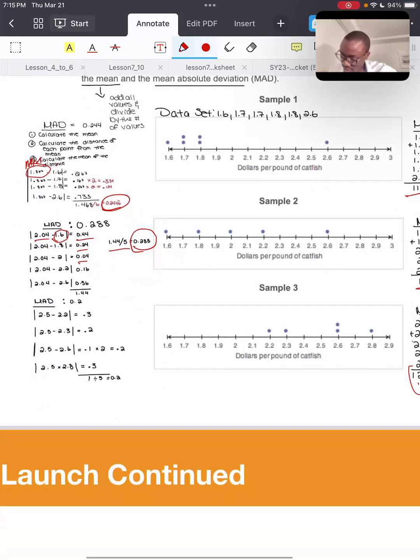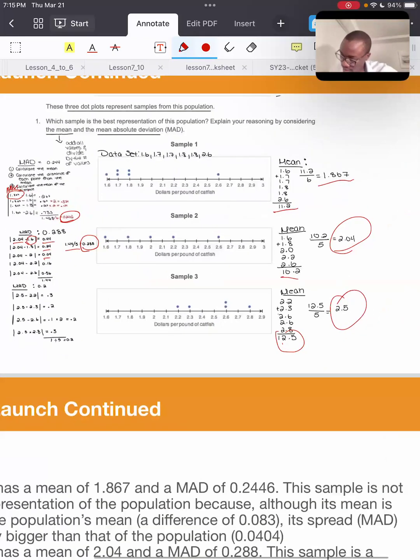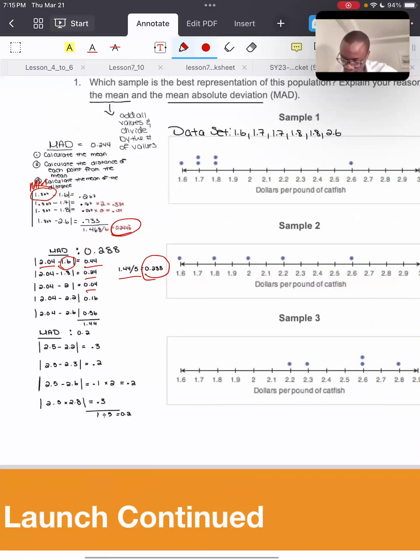We do the same thing for the third sample. We know that our mean is 2.5, so we have 2.5 minus every single data point, and we get these absolute deviations and add them all. We get 1, then divide by 5, and we get a mean absolute deviation of 0.2.